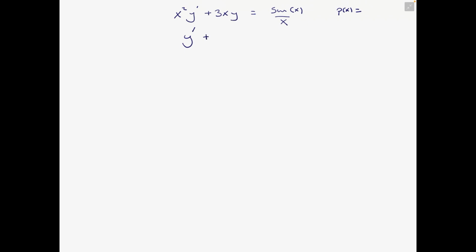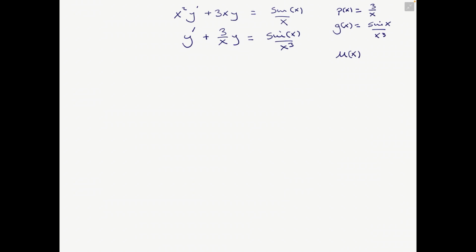Let's get this 3 on x, y equals sine of x on x to the third. I see where this is going. So p of x is 3 on x. G of x is sine of x on x to the third.